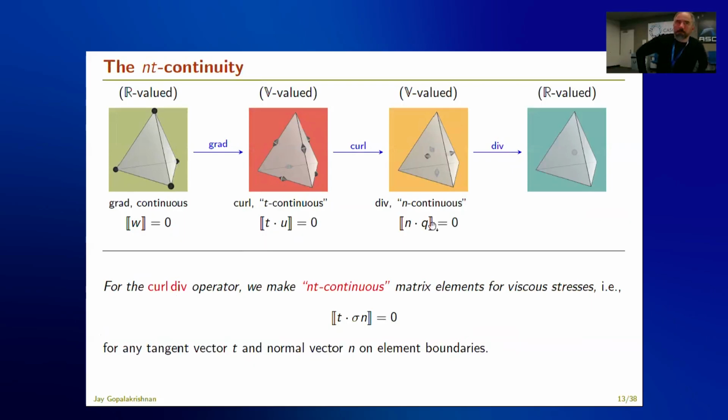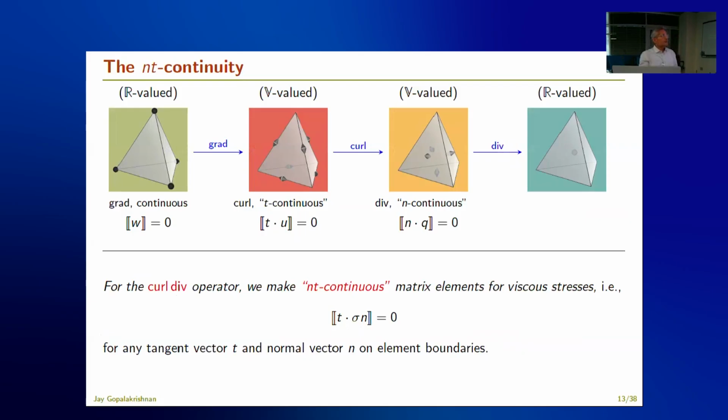So an educated guess would be, if you want to make the curl-div operator on a matrix make sense, that matrix must have normal-tangential continuity, or sigma n. First multiply the matrix with a vector n, and t is any tangential vector. The jump of this quantity should be 0 across facets. That turns out to be exactly the condition we need for the analysis to work out.